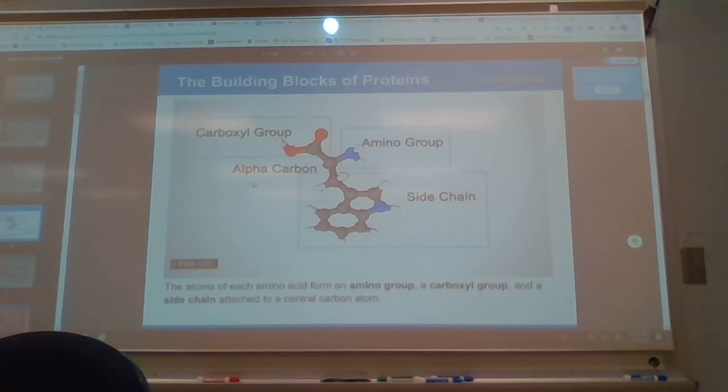When we look at those 21 different amino acids, they actually have a very similar structure except for one part. All of them are going to have what we call the central or alpha carbon. They all have what we call a carboxyl group, which is what makes it an acid. They all have this amino group, but what's different about them is what we call the side chain.